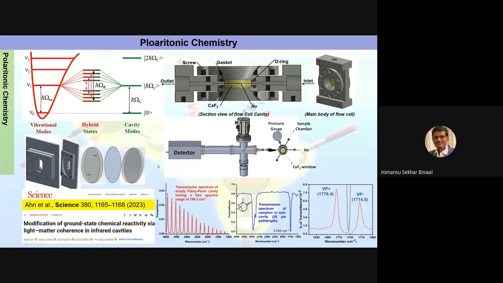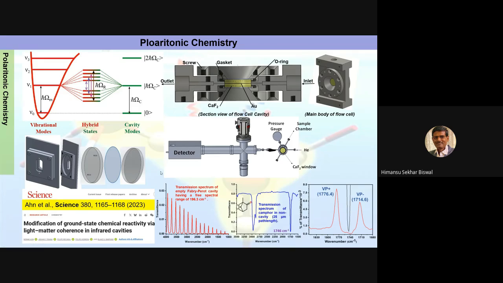Like if a photon excites the molecule to the excited state, it will be another state. Here it happens with the vacuum coupling, and very interesting stuff is coming. So the molecule will have a hybrid state.